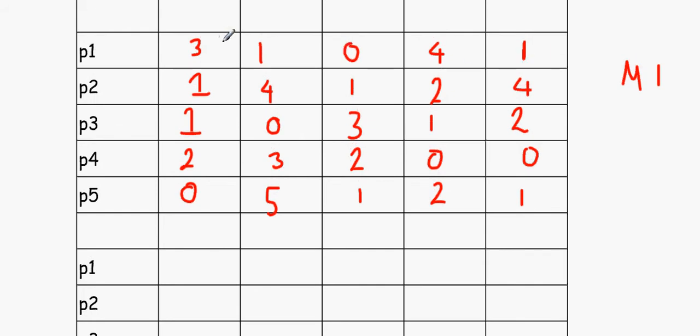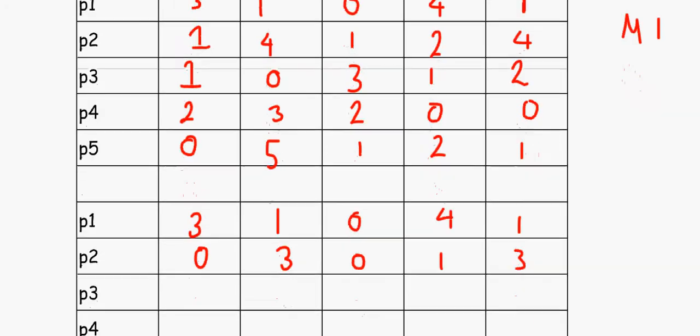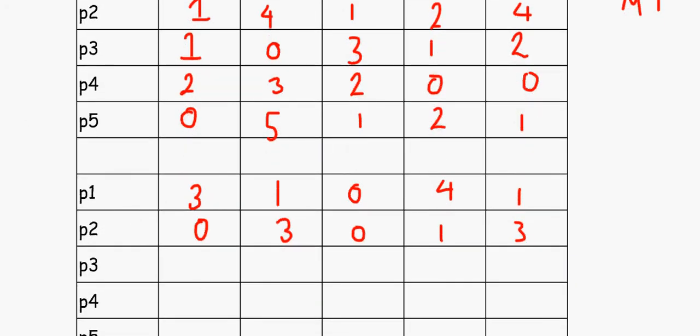So let's look at the smallest number here, which is 0. All the numbers here are not going to change, because 3 minus 0 is 3, 1 minus 0, and so on and so forth. Let's look at the smallest number here. It's 1. So 1 is going to become 0, and we're going to subtract 1 from everything. That's going to be 3, that's going to be 1, that's going to be 3. I'm going to go ahead and finish it off.